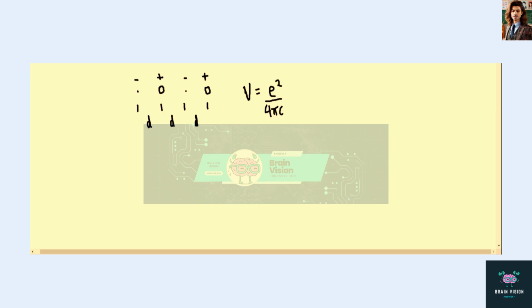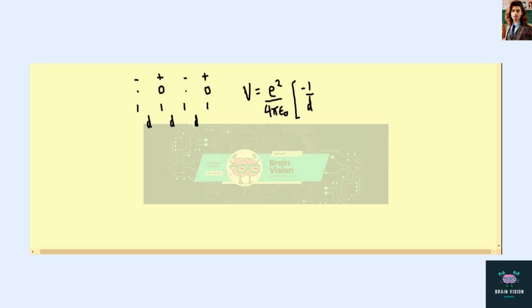So we're going to get the potential. The basic unit of potential is e squared over 4 pi epsilon naught times d, but for now I just have e squared over 4 pi epsilon naught. When you make this calculation, the electron interacts with the first ion to its right, a distance d away.